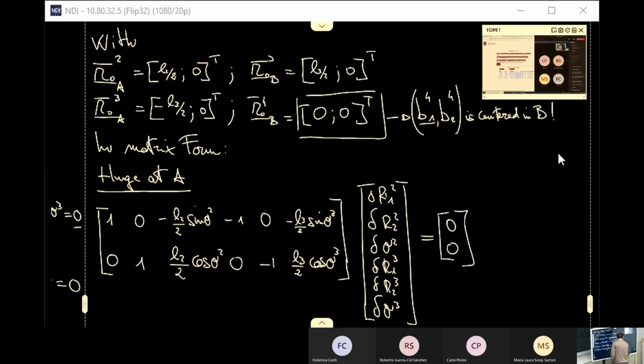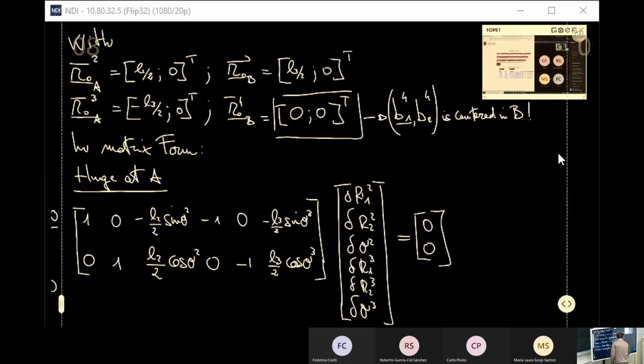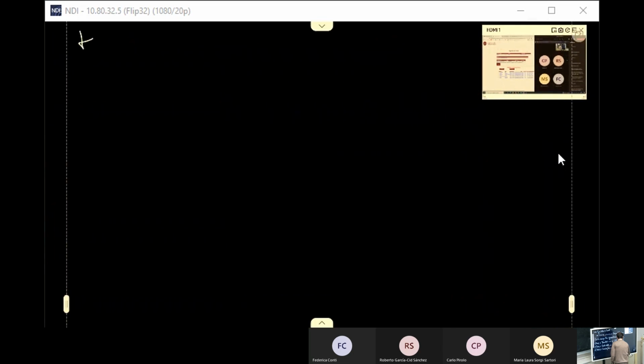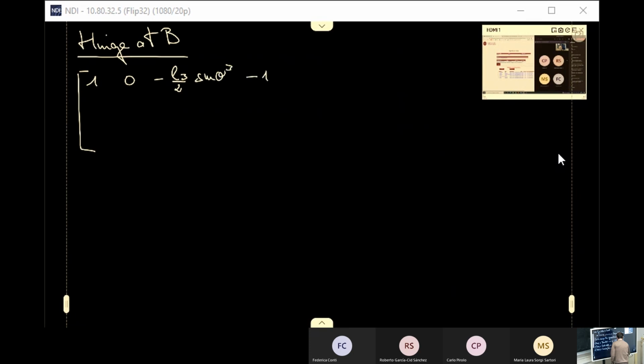So we do the same thing for the hinge at B. Can I slide? One, 0, minus L3, minus 1, 0, 0.